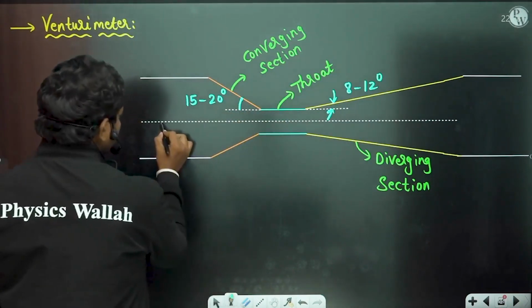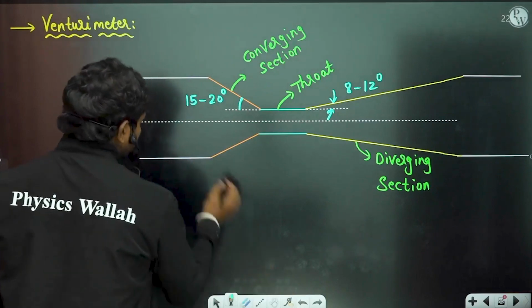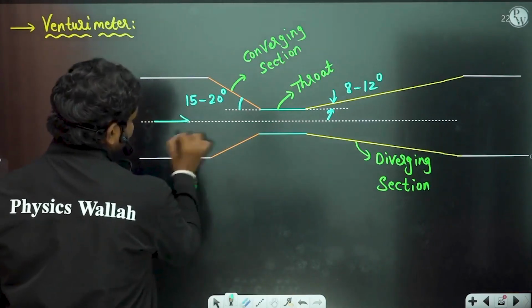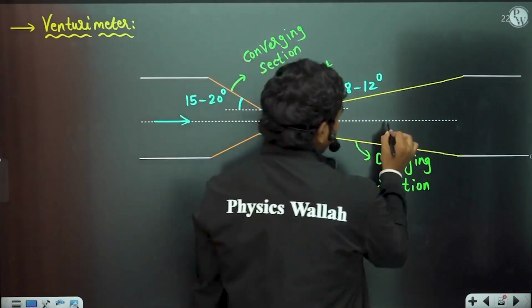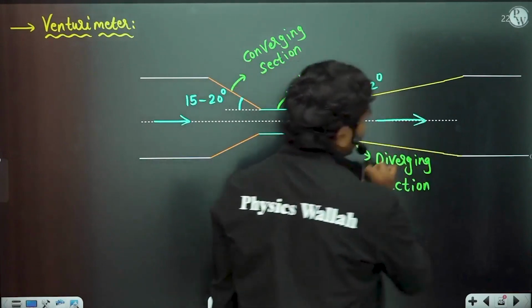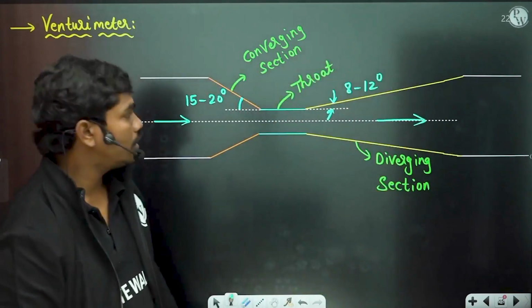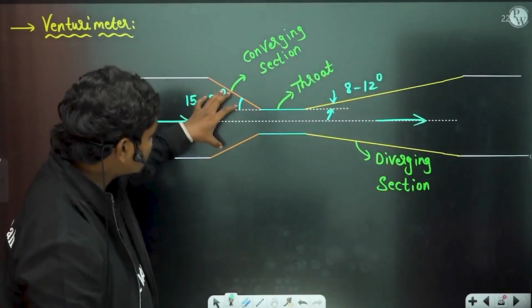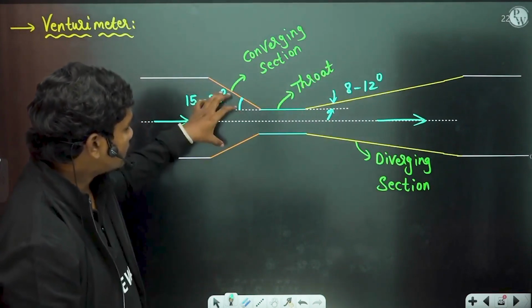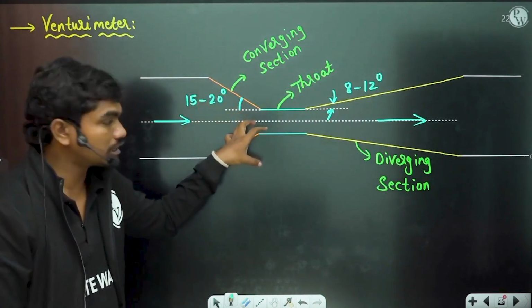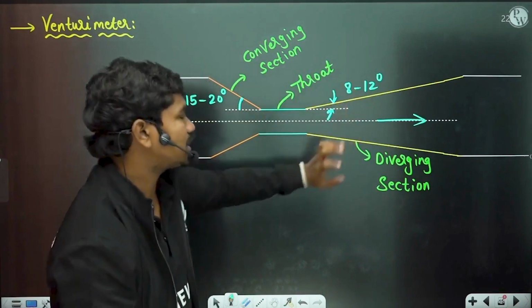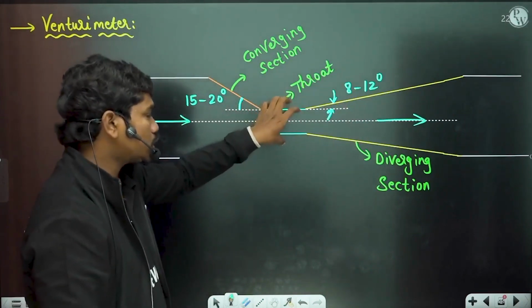Let us suppose the fluid is flowing in this direction. Then connecting the converging section in this way means the higher cone angle is in the upstream direction and the lower cone angle in the downstream direction, if you take the throat as the reference.